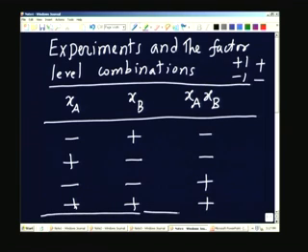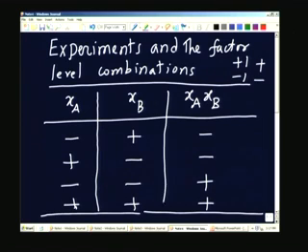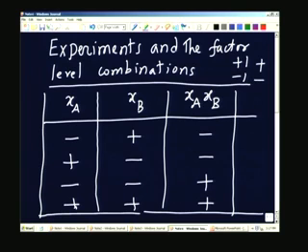So, what do we gather from this representation? If you look at this, we can look at each column as a vector. We have minus, plus, minus, plus. When this is minus, this is positive. This is positive, this is minus. These two vectors are linearly independent.